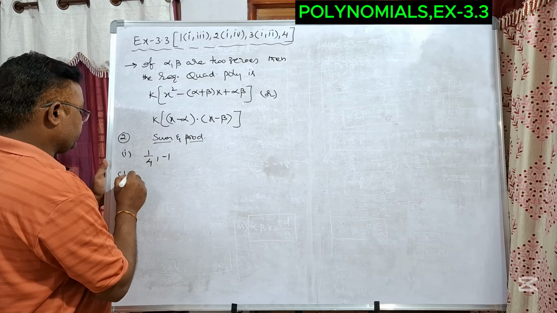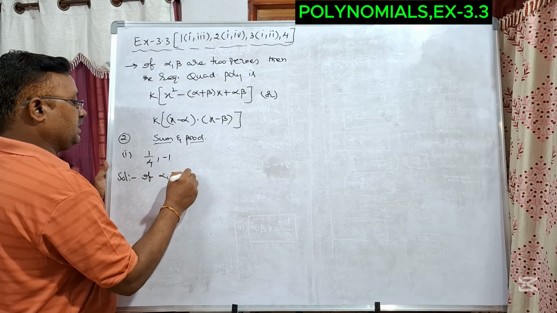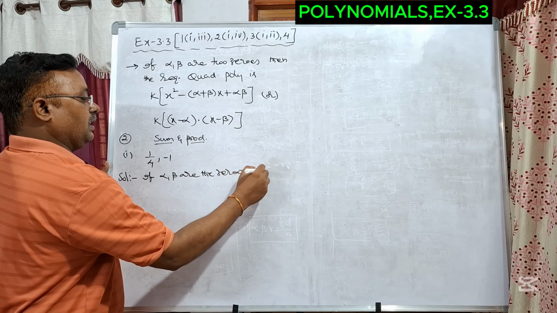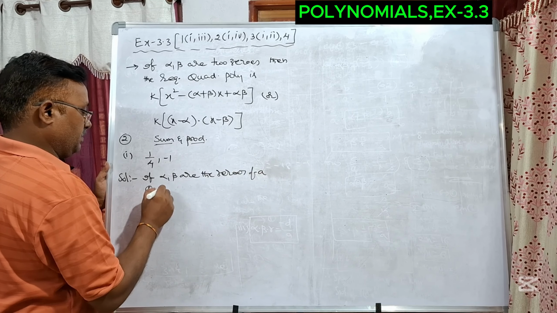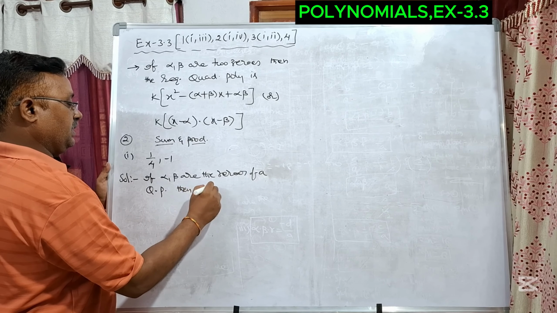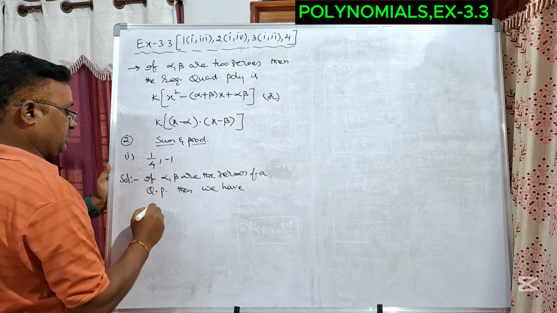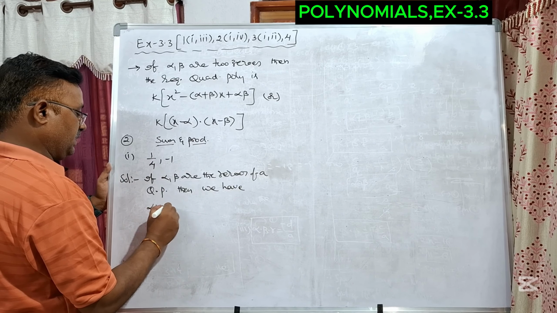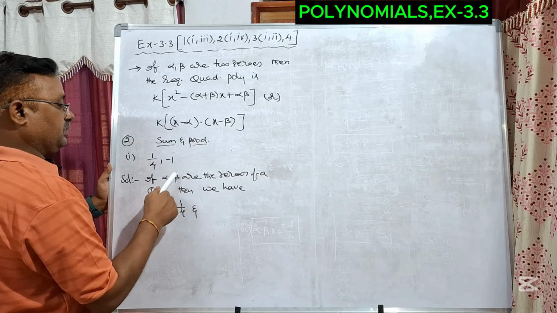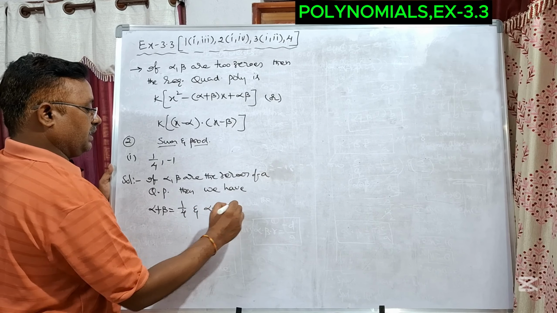Solution: if alpha, beta are the zeros of a quadratic polynomial, then we have the sum of the zeros alpha plus beta equal to 1 by 4 and the product of the zeros alpha into beta equal to minus 1.